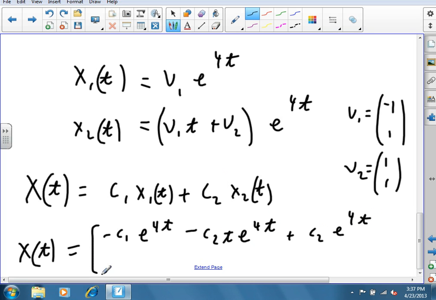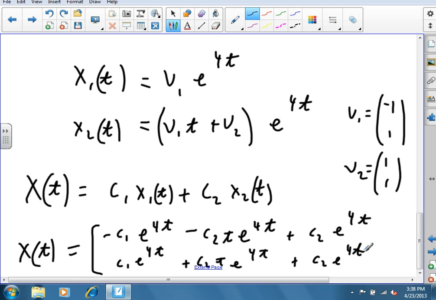And then on the bottom we would have c1 e to the 4t plus c2 t e to the 4t plus c2 e to the 4t.